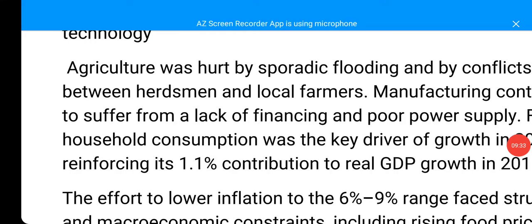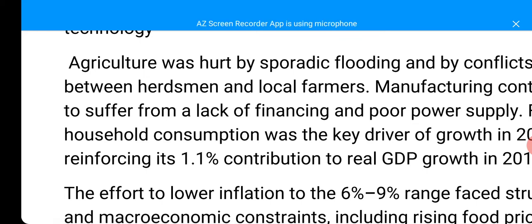Agriculture was hurt by sporadic flooding and by conflicts between herdsmen and local farmers. The contribution of agriculture to the gross domestic product is not so significant. It's about 2%. To exports, the contribution of agriculture to total exports has not been significant.